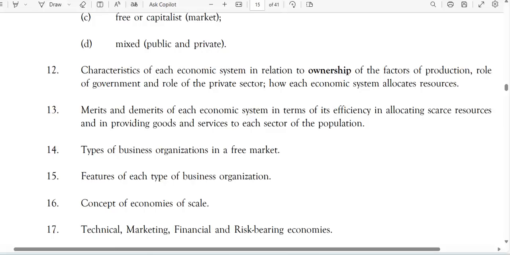Examples of a mixed economic system in the Caribbean would be Barbados. For example, in Barbados, we have the public sector where the government provides free health care and education, and owns the Queen Elizabeth Hospital and government schools. For the private sector in Barbados, this includes tourism, banking, retail, and international business services.